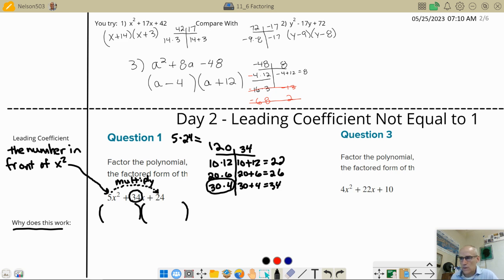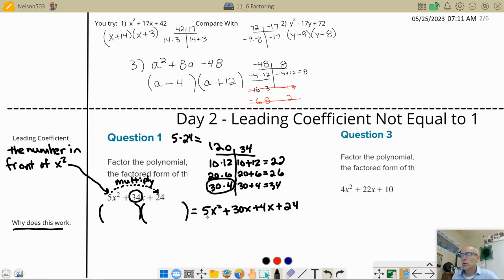What it tells us is what the polynomial looked like after it had been distributed. All the distributive stuff had happened after we multiplied everything out. It all looked like, okay, so I'm going to put over here equals 5x squared plus 30x plus 4x plus 24.